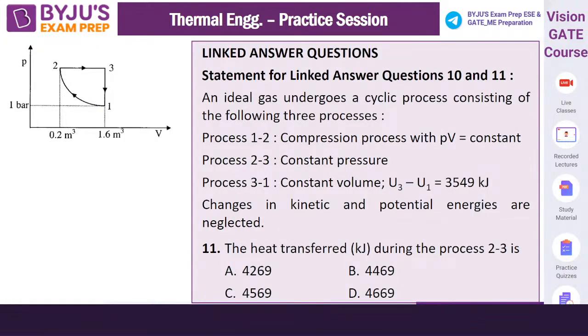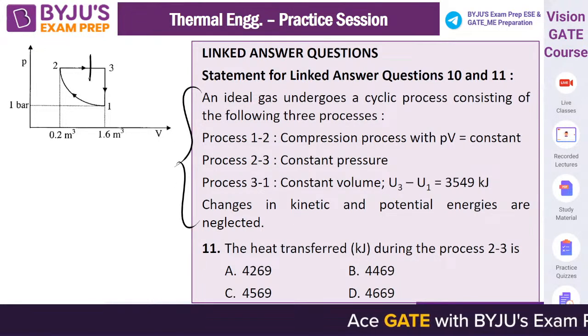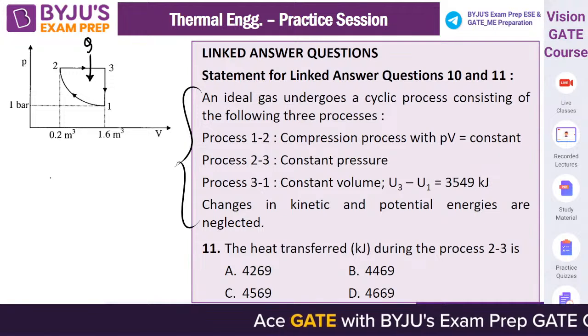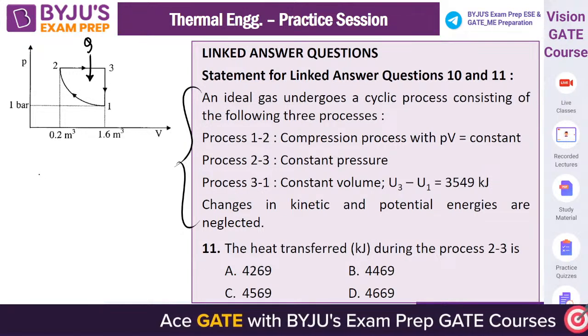The second part of the question, the data is same. The heat transferred during the process 2 to 3. There is a heat addition during the process 2 to 3. How much will be the heat transfer?